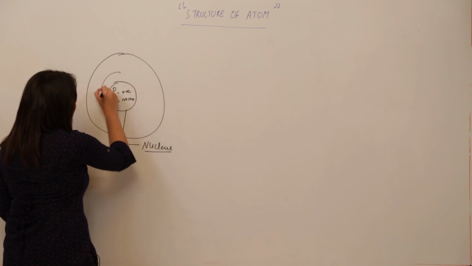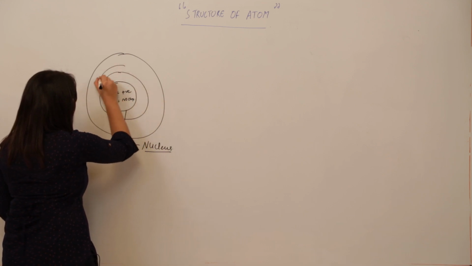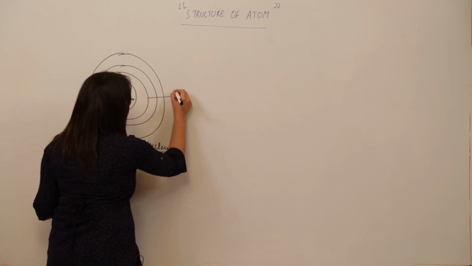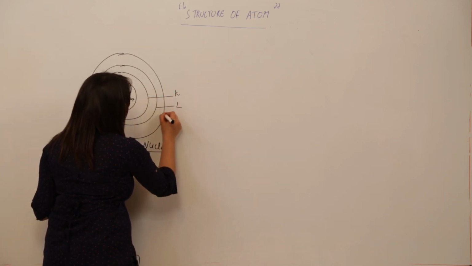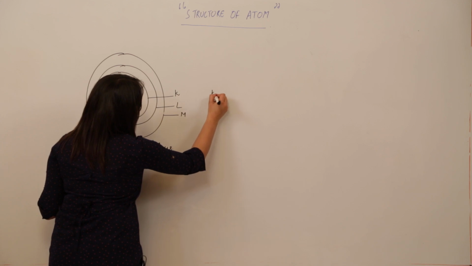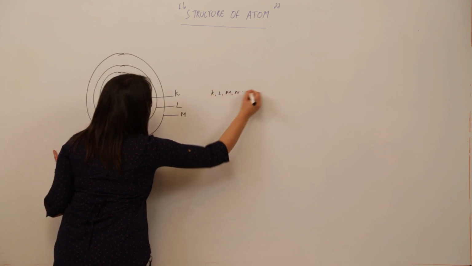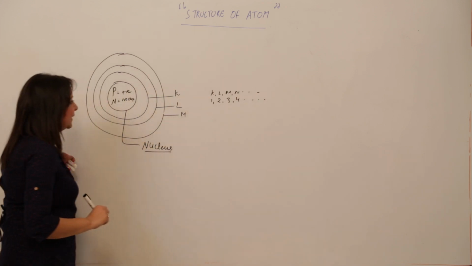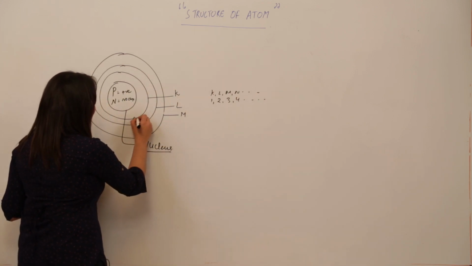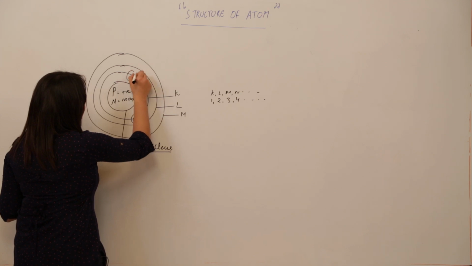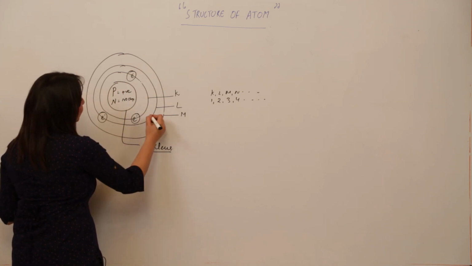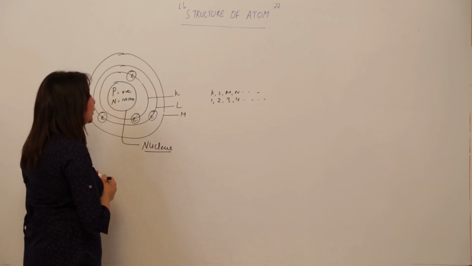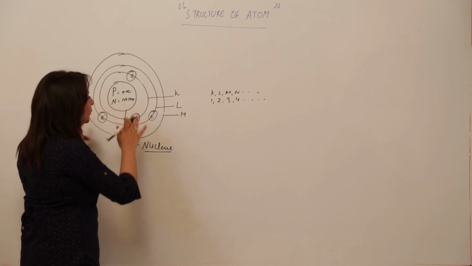Outside the nucleus, shells are present, as we have already discussed in the Bohr model. The shells are named K, L, M, N, or you can write 1, 2, 3, 4, and these shells contain electrons, which revolve in definite orbits, as postulated by the Bohr model. So this is the Bohr model.